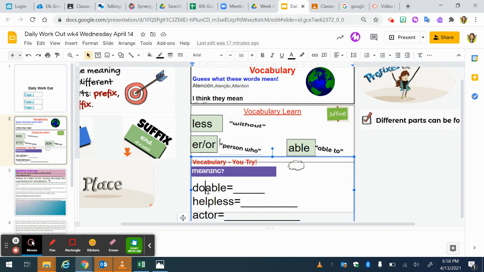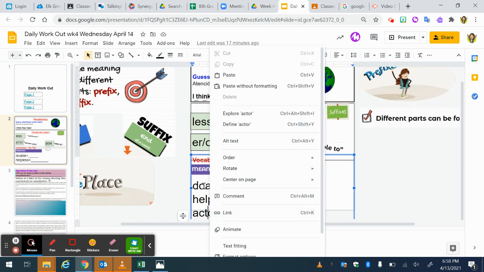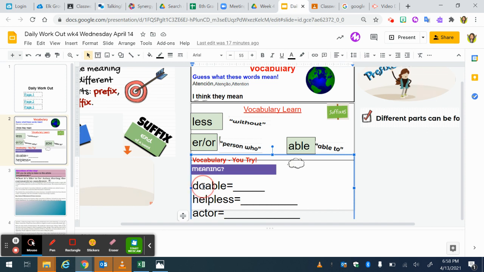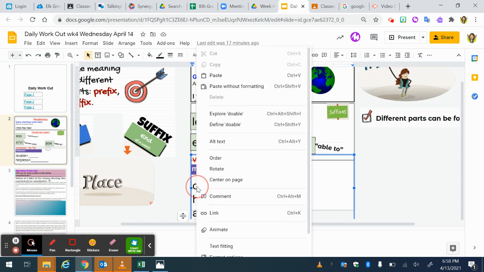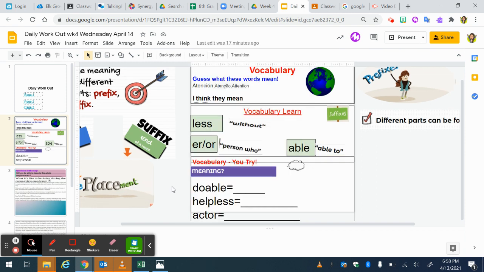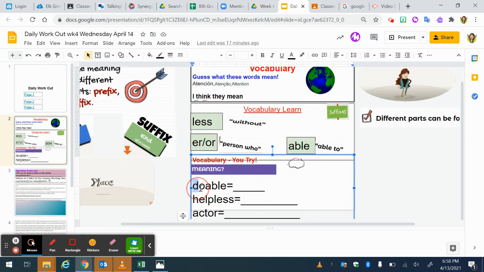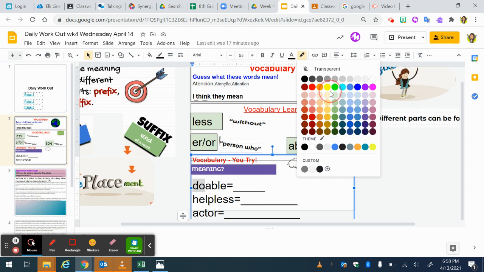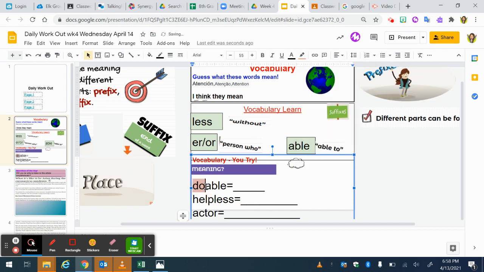So we have 3 words here. If we look at the words, do, this part of the word, is a base word. Then you have this part of the word, able, which is the suffix.